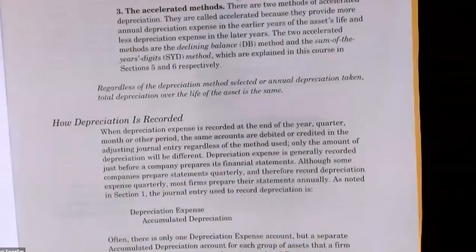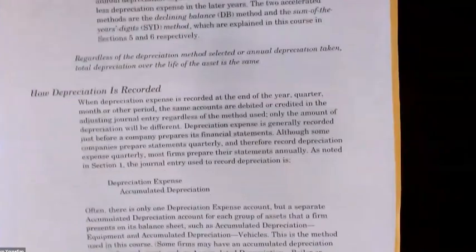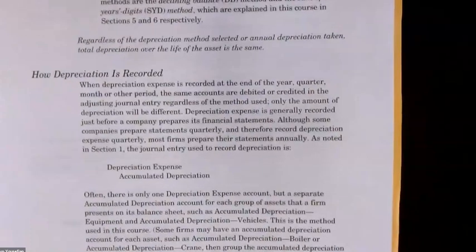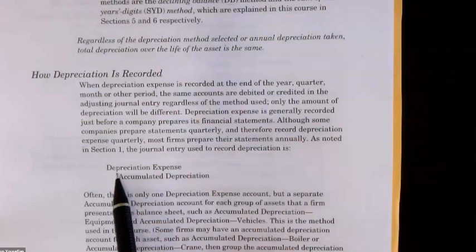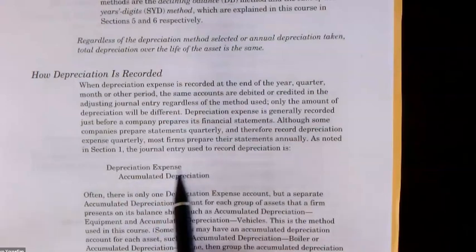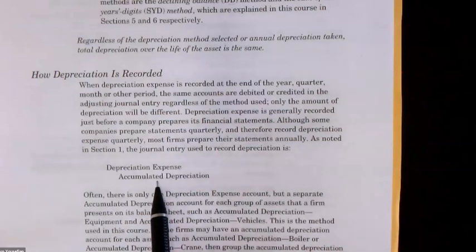Okay, on how depreciation is recorded. We know that already, right? In order to do the journal entry, you always debit the depreciation expense and you accumulate your amount of depreciation in an account. We call it accumulated depreciation.